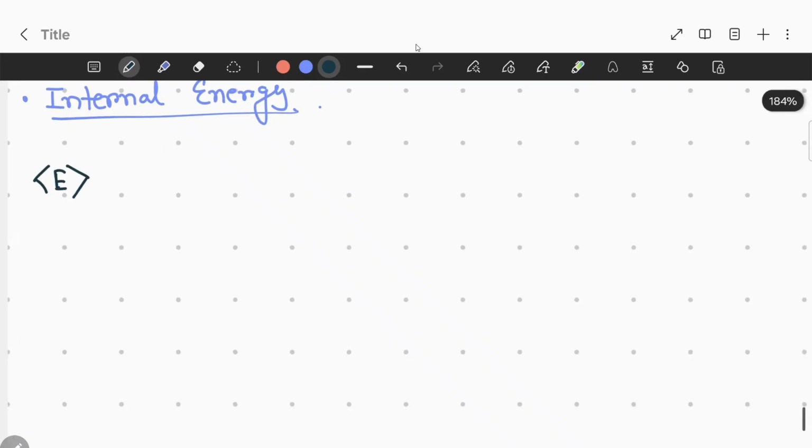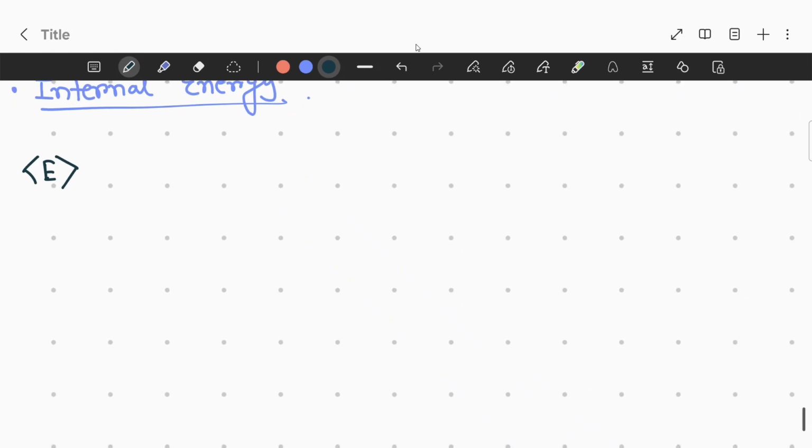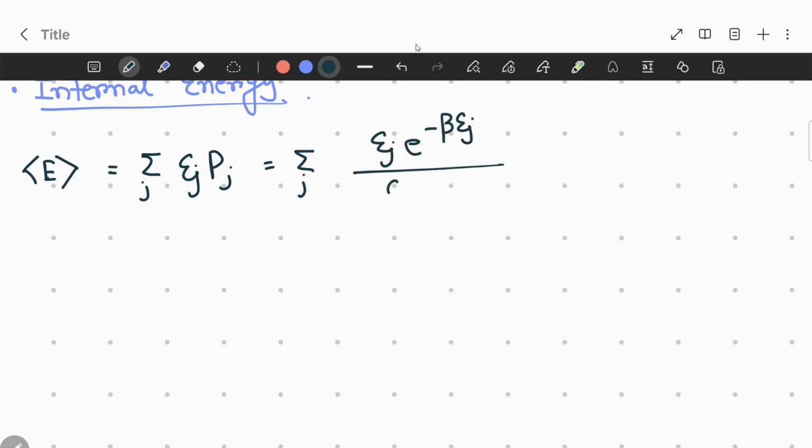E average. This is capital P, probability. Small p is the pressure, capital P is the probability. This is our E average.